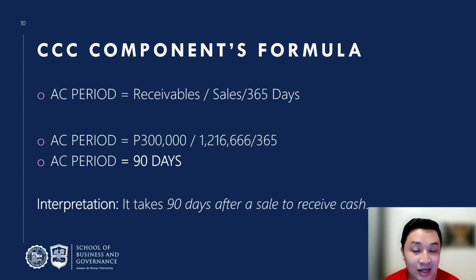So let's assume that the receivables is 300,000 pesos divided by the value of your sales, which is 1,216,666, divided by 365 days. So you will get an AC period, or average collection period, of 90 days. The interpretation for this is that it takes 90 days after a sale to receive cash.